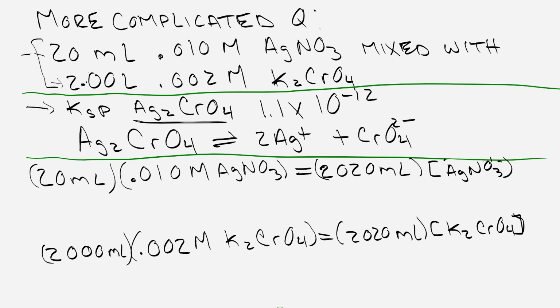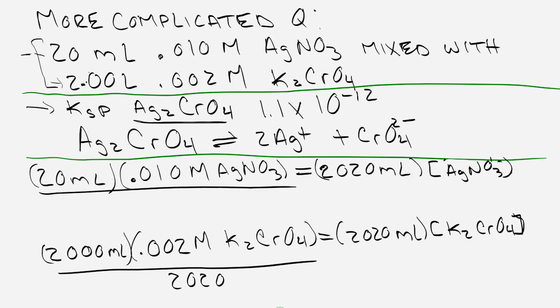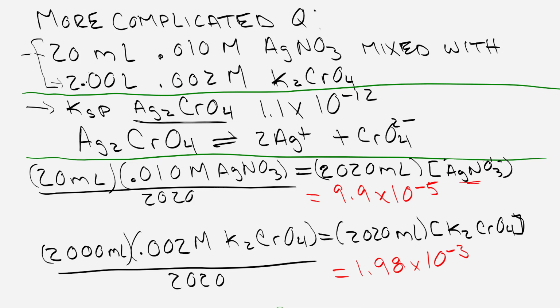Okay, so then this whole thing divided by 2020, and this whole thing divided by 2020. So I put that in my calculator, and I get that the concentration for my silver nitrate is 9.9 times 10 to the negative 5. My potassium chromate is 1.98 times 10 to the negative 3.